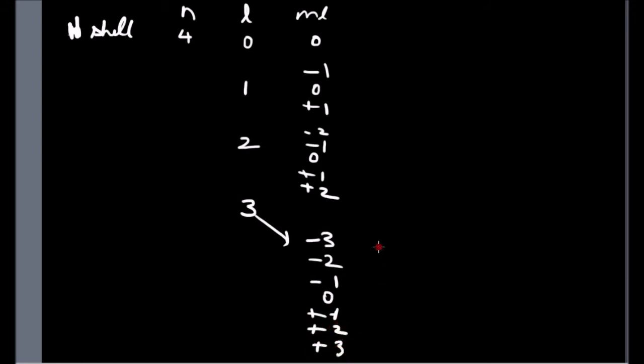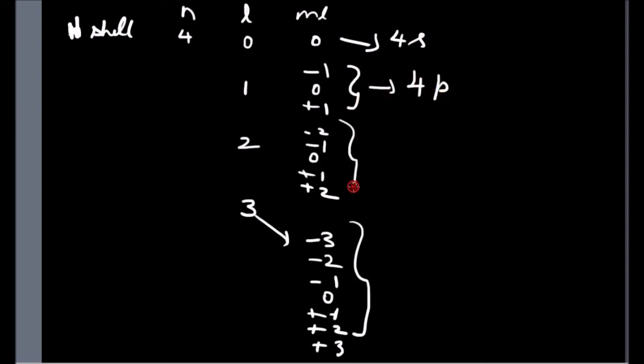You find that you have 7 orbitals here. This will be the 4s orbital, 4s spherical orbital, and these 3 together will be the 4p orbital, double shaped ones, and these are the 5 numbers of 4d orbitals, and these are the 7 numbers of 4f orbitals.